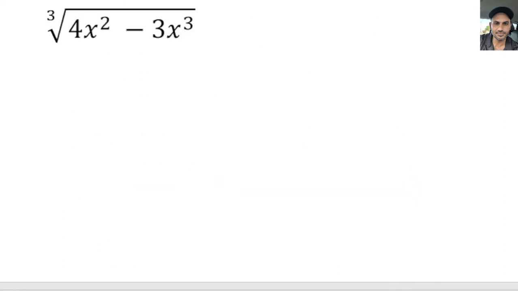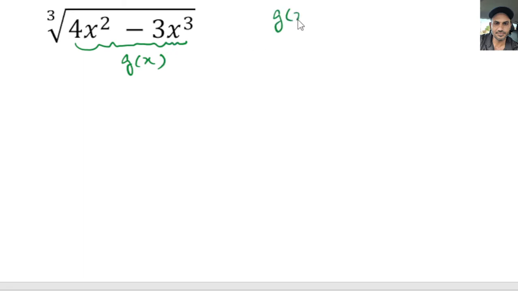Let's do one more example. We have a cube root of 4x squared minus 3x cubed. So we are going to do the same thing. This portion is going to be our g of x, and our main function is basically f of g of x, which is the cube root of this g of x. So let's write this down.